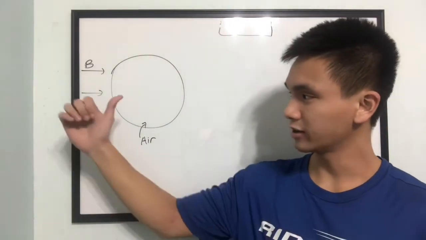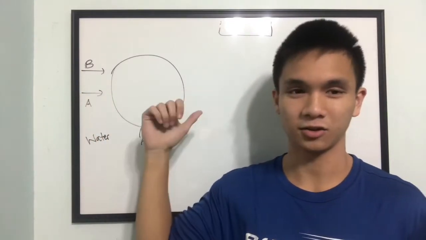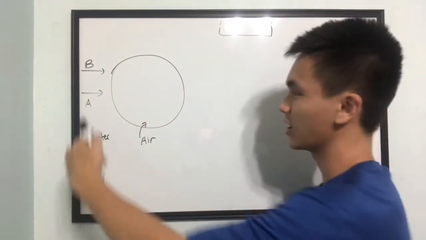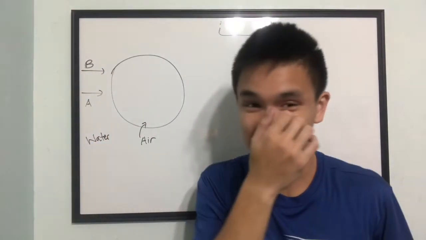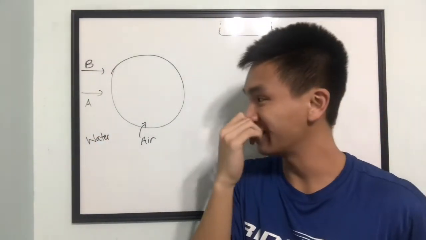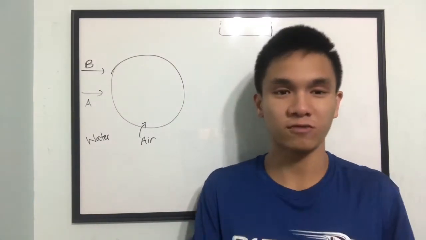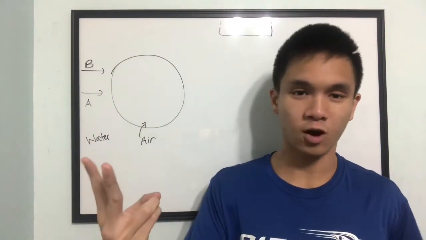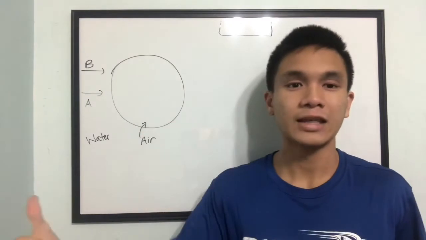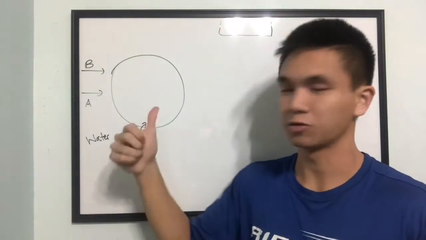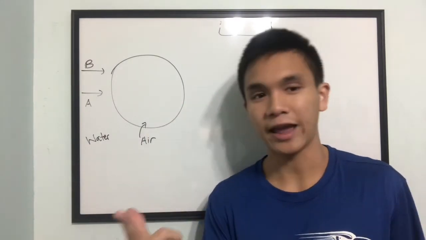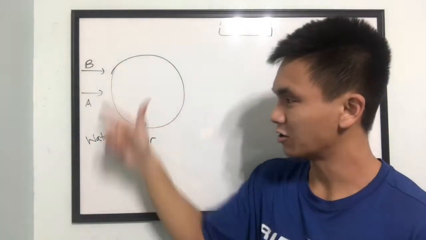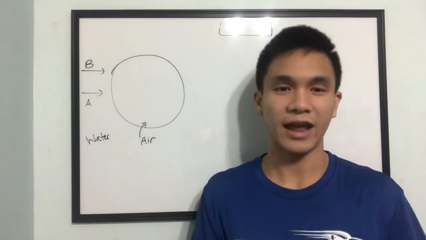So it's directed towards the center of the circle, and therefore, at the point of contact right here at the surface, the angle of incidence is actually going to be 90 degrees. In order for any refraction to occur, two requirements must be met. One, the mediums the ray is traveling through must have different optical densities. And second, it cannot approach the boundary between the two mediums with an angle that is 90 degrees.